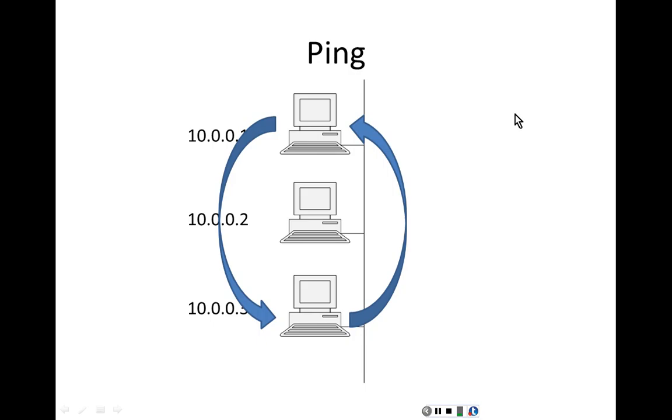And then the ping command is used to try to send a signal out to another computer to see if the other computer will reply to the signal. So if I want to see if I can communicate with another computer, I type the ping command.